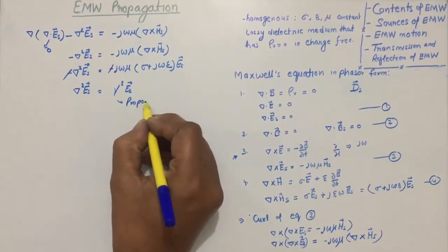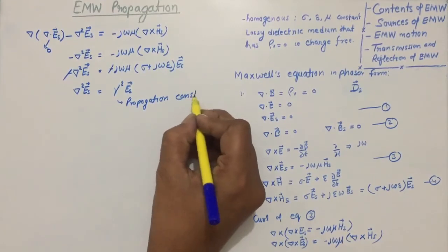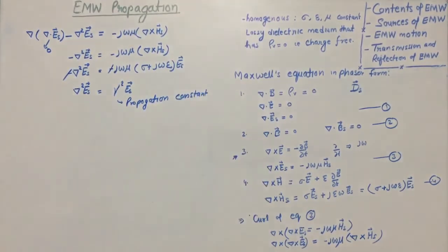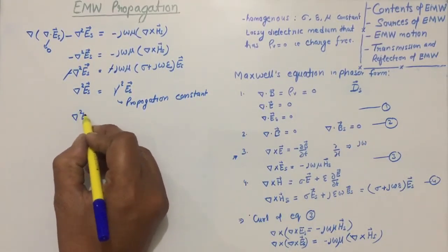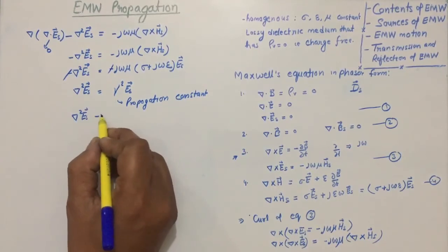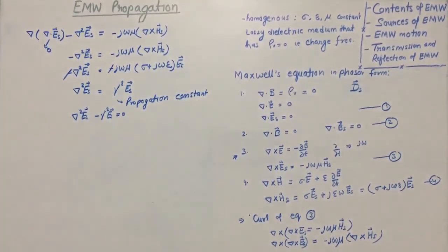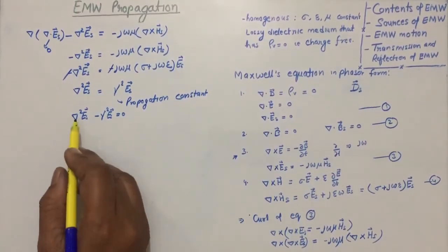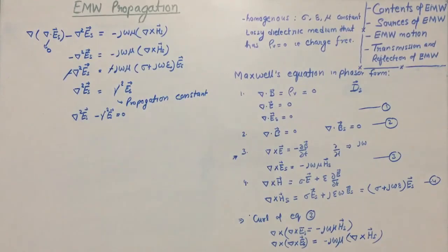It is termed the propagation constant. Further, if we simplify it, then we can say del square Es minus gamma square Es will be equal to 0, and this is a second order differential equation.